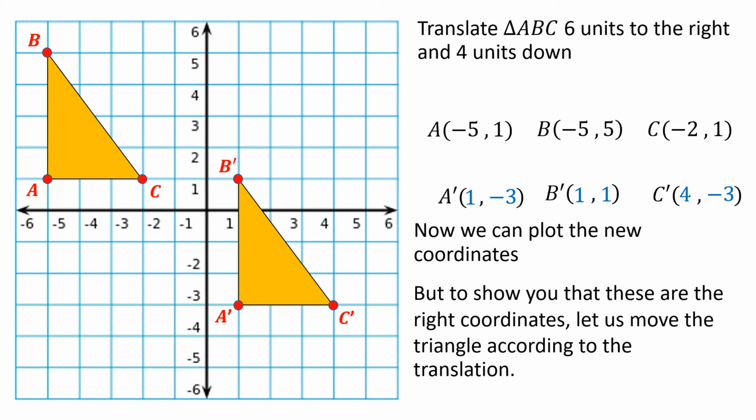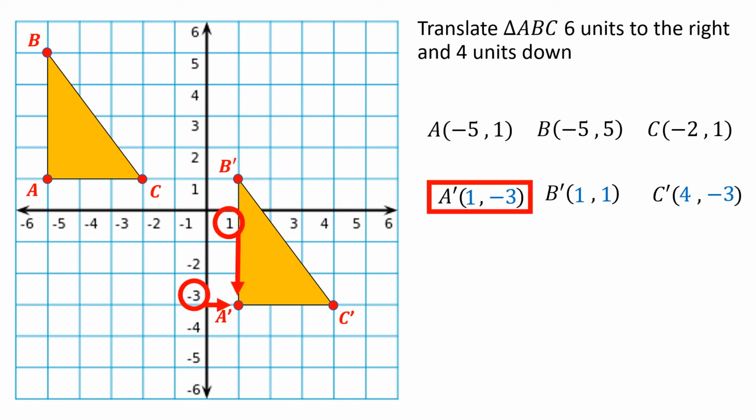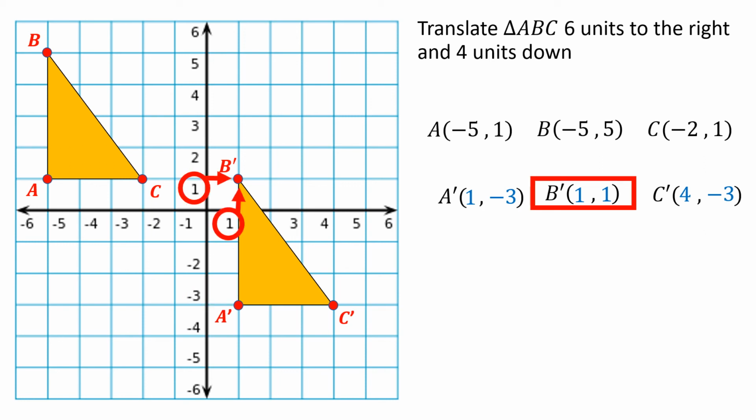Now let us check if our first method has given us the same coordinates of the points. Let's see. A prime stands on 1 on the x-axis and -3 on the y-axis. That's correct. How about our B prime?